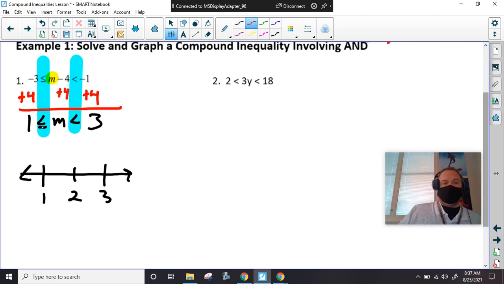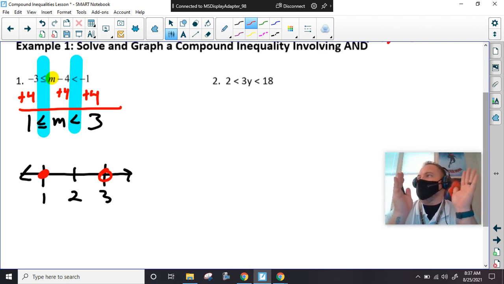Over here with the one, what type of circle does this have? Closed. What about with the three? Open. Now, think about it. These are the bookends. These are the pieces of bread or toast or whatever you do, pita pocket.